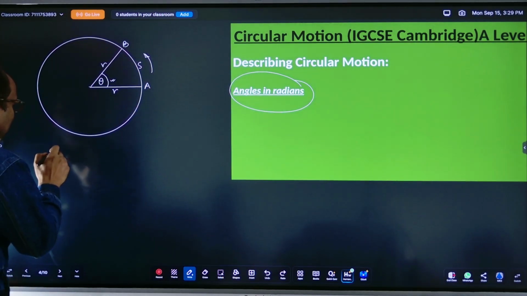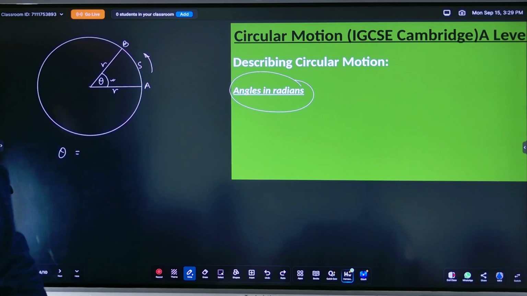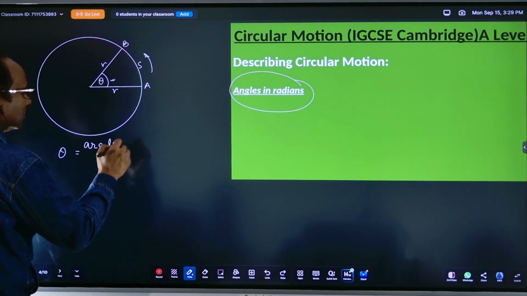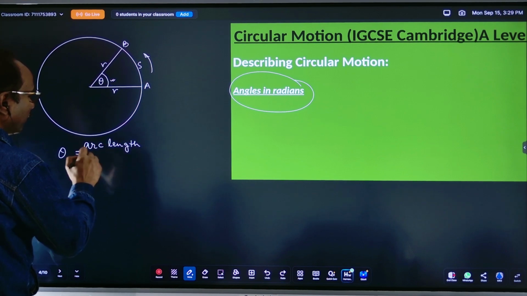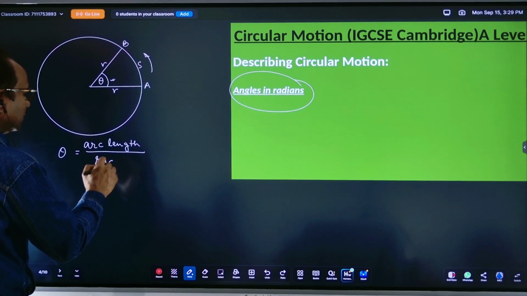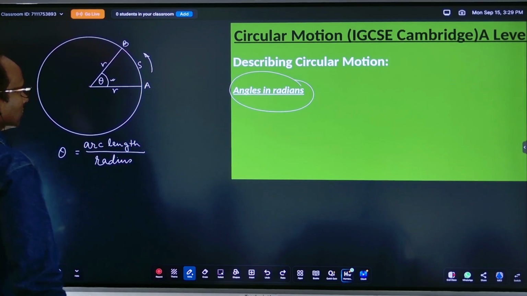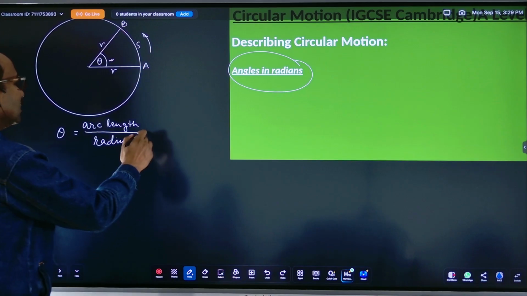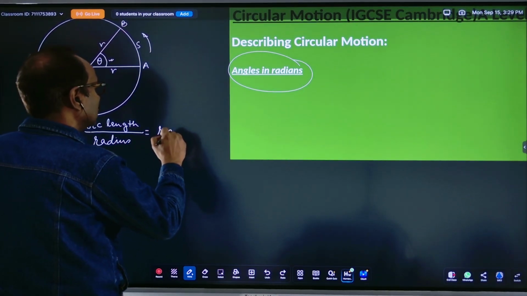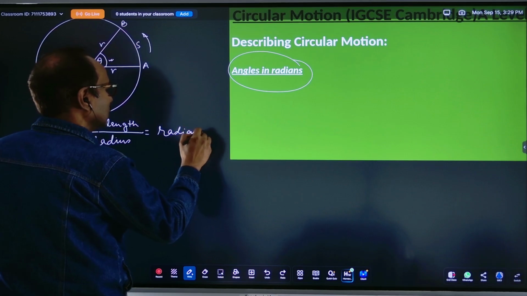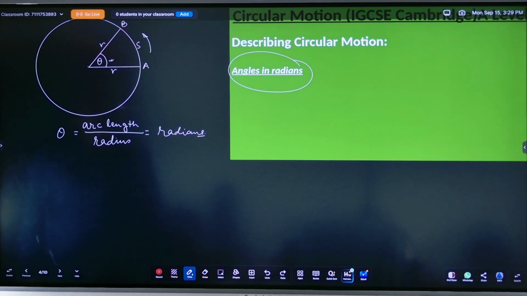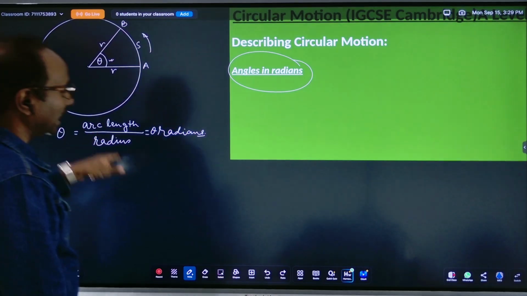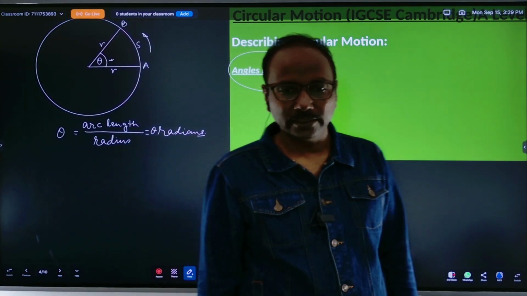So when we express the angle theta as arc length divided by radius of that circle, so this one is your radians. Theta radians, you can say, since it is equal to theta. This is not angle, but it is in theta radians.